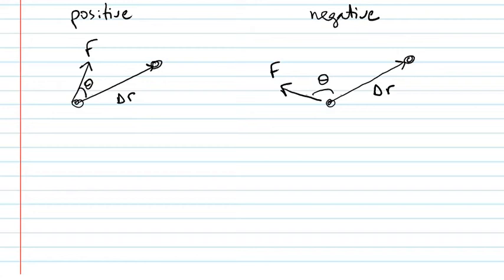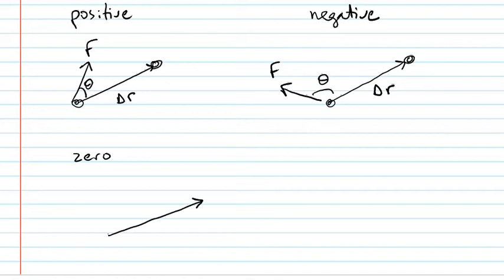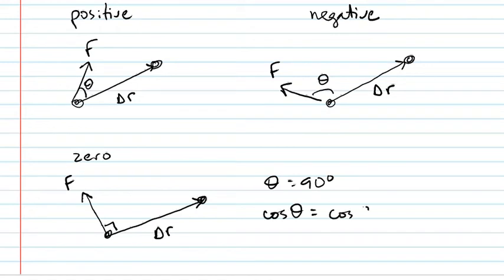Usually if something can be positive or negative, it can also be zero. I'm going to sneak that in as well. If the object moves, but the force applied to the object is perpendicular to the displacement of the object, now theta would be 90 degrees, and the cosine of 90 equals 0.